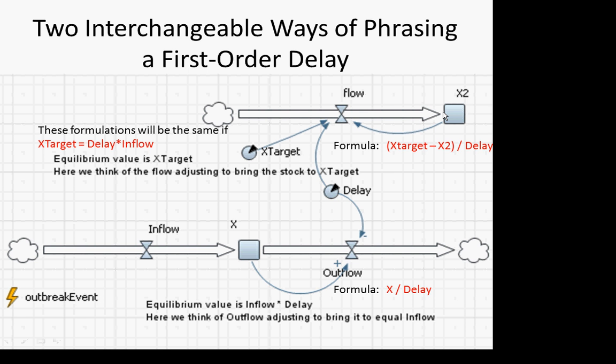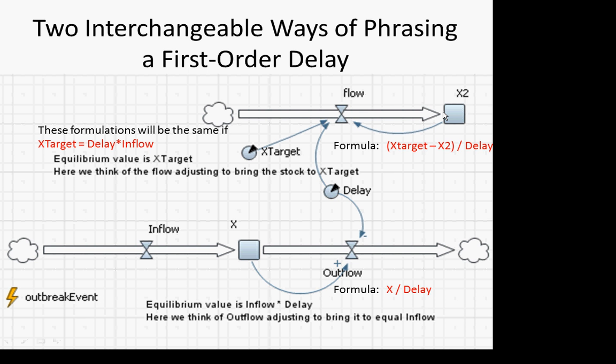Suppose that x2 is below X target. What's going to happen? Then this formula is going to give something in its numerator, this X target minus x2. If x2 is below X target, it's less than the target, then this difference is going to be positive, right? And it's going to be flow into the stock, and the stock value is going to increase.